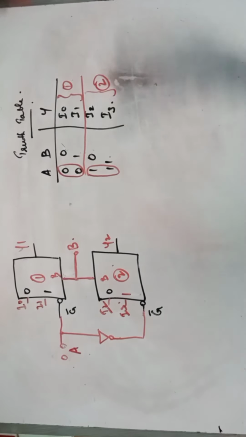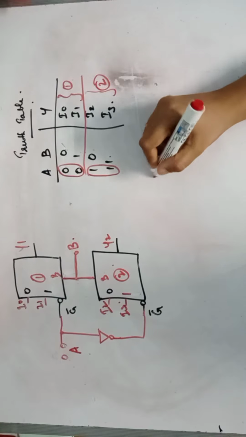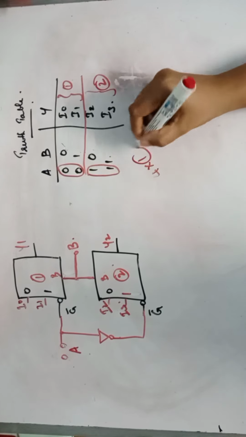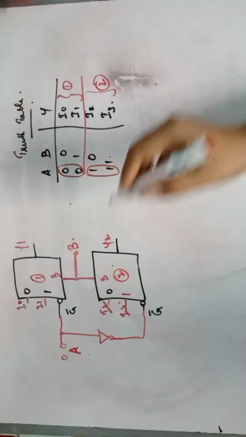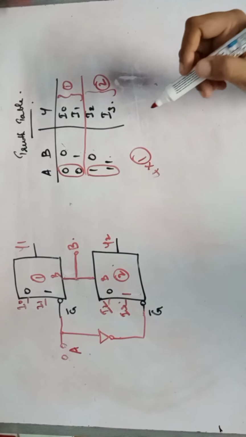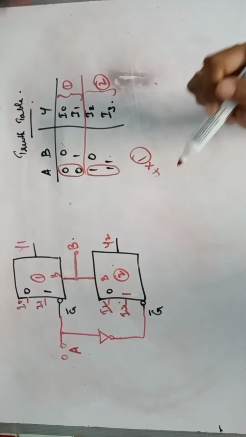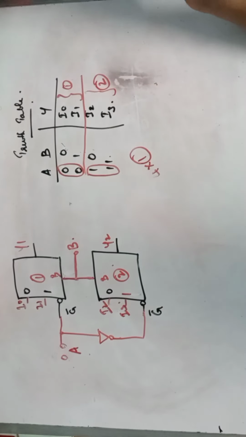Now the another problem is that for a 4x1 mux, you have only one output. But since you are using two 2x1 mux ICs, you have two outputs. But you need only one output. So what is that output?